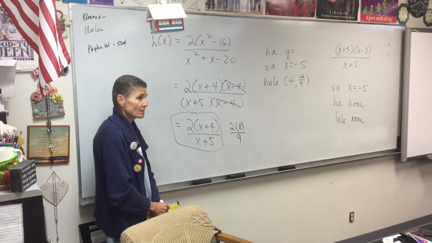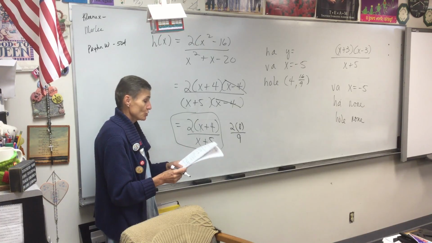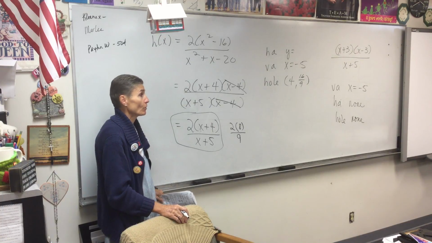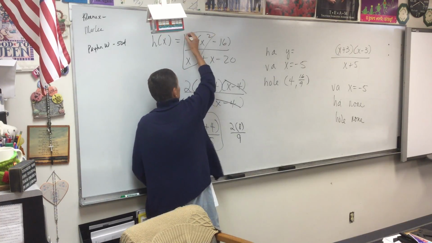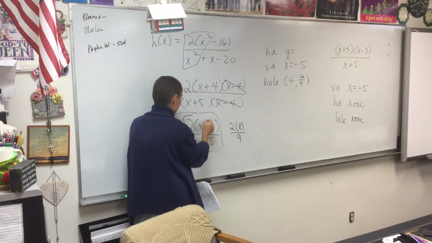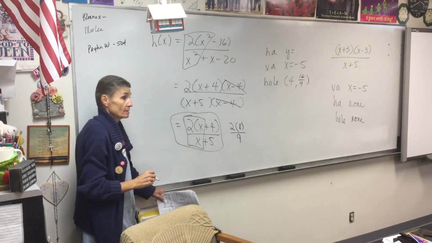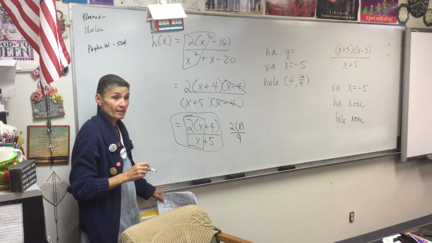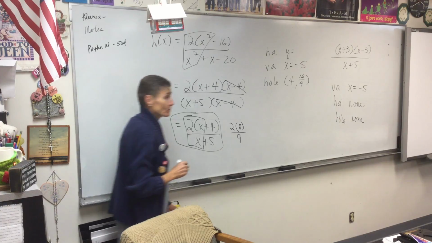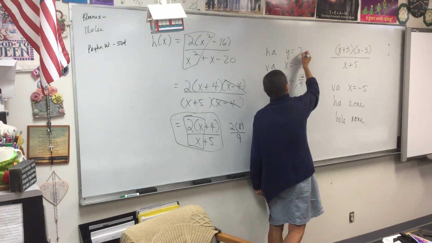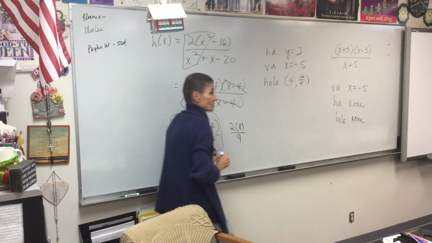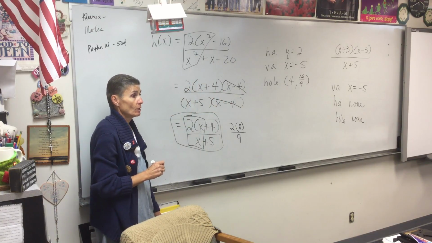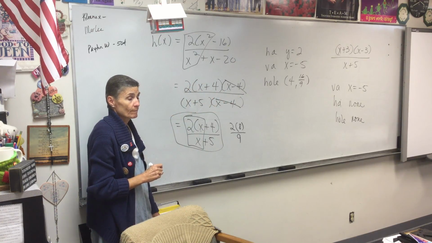Do the powers match? Yes. So you have 2x squared over 1x squared, or you have 2x over x. So what happens? 2x over x would mean your asymptote's at y equals 2. 2 over 1, y equals 2.